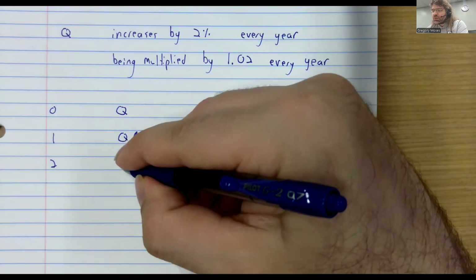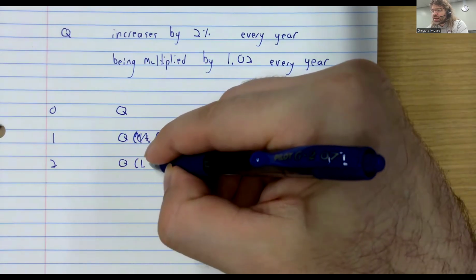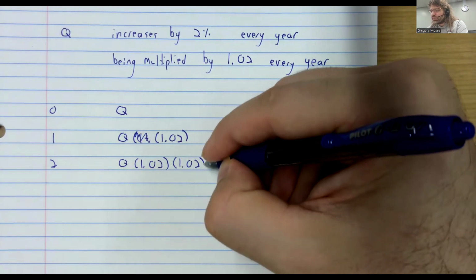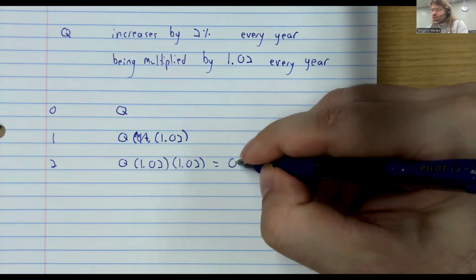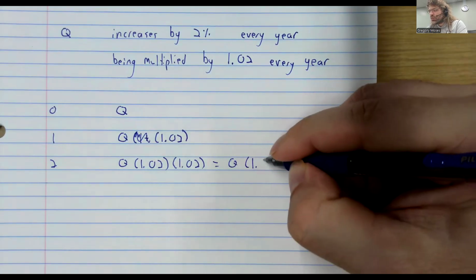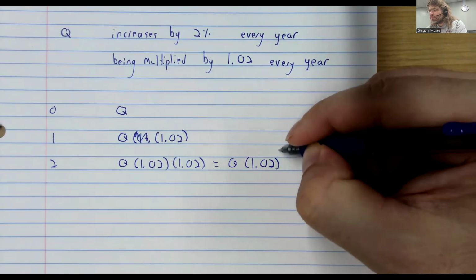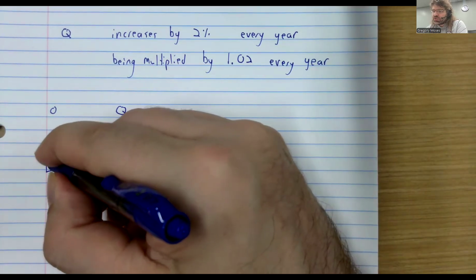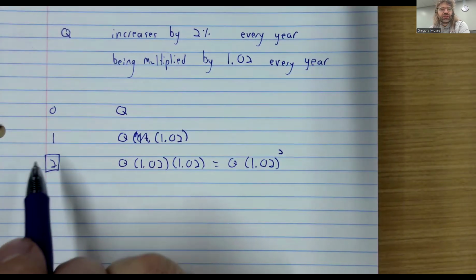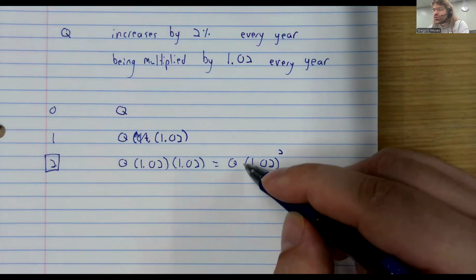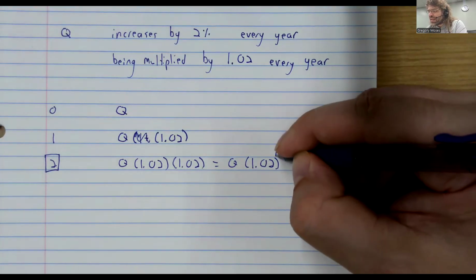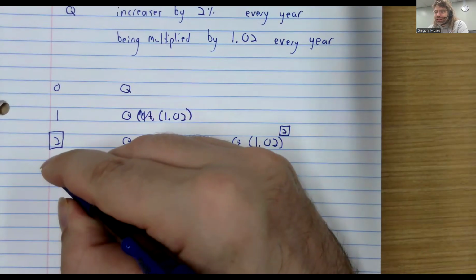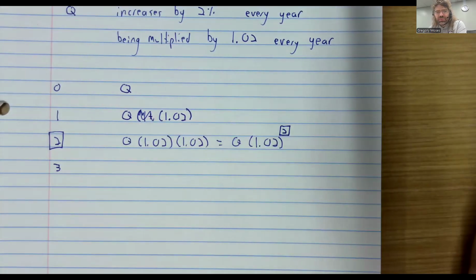After 2 years, we multiply by 1.02 again. So we have the starting quantity times 1.02 squared. And of course, we have this 2 representing 2 years, and then Q times 1.02 to the second power. We see 2 again, and this is no coincidence.